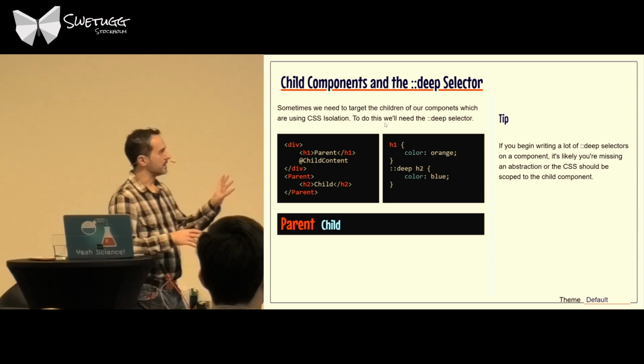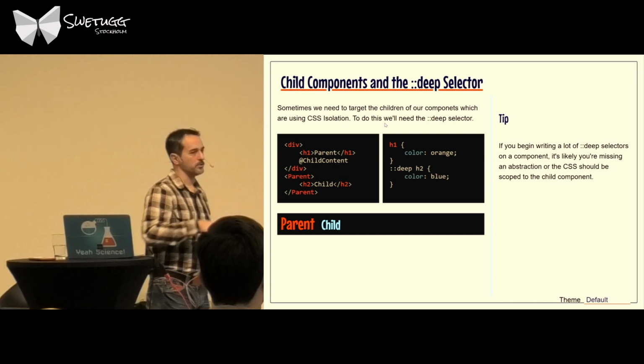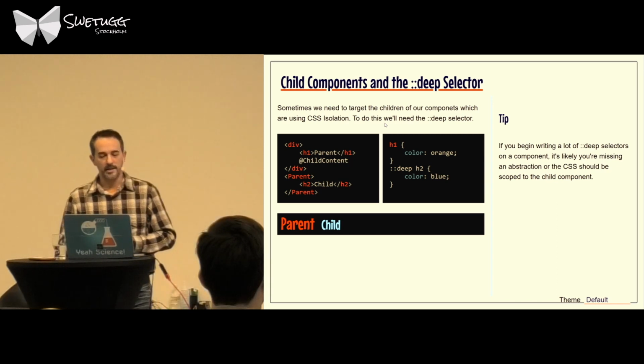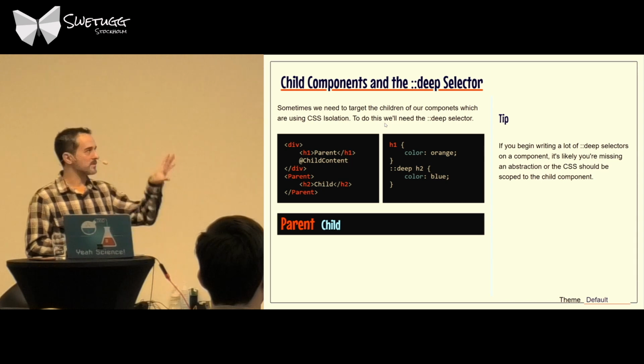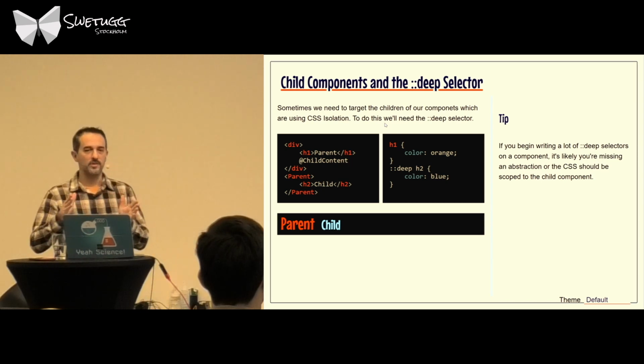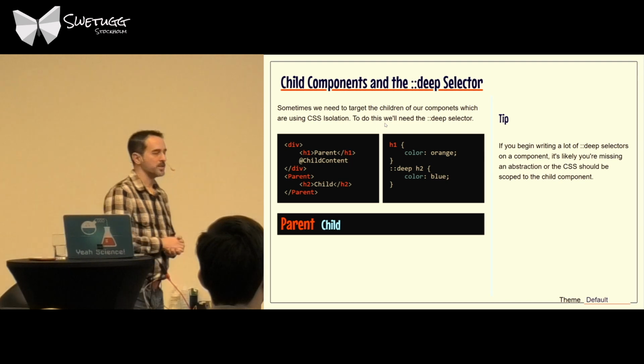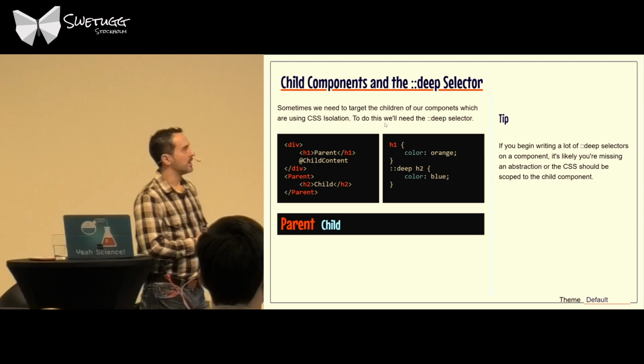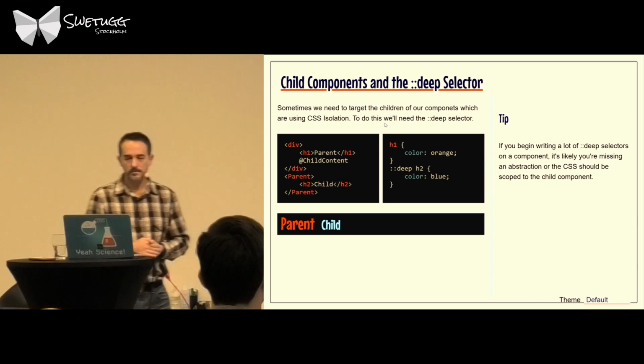So that would tell Blazor that I want to reach into any child components and style those with that selector. And the way it does it is it changes the selector to where it will match things that are beneath the hierarchy of your component.